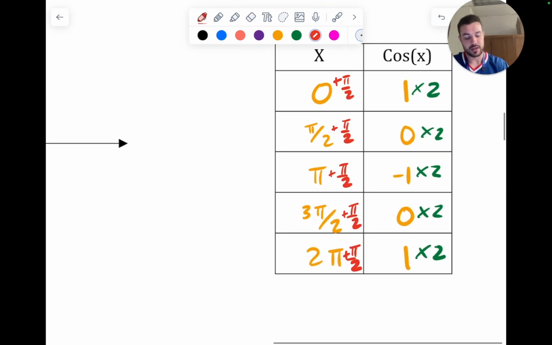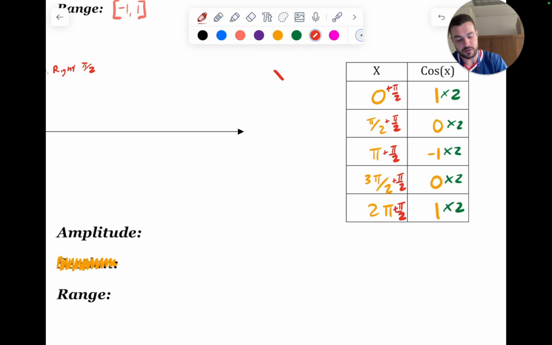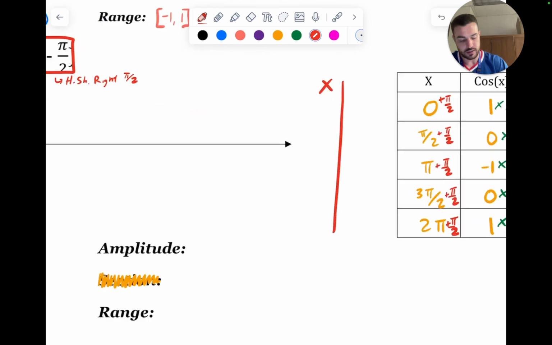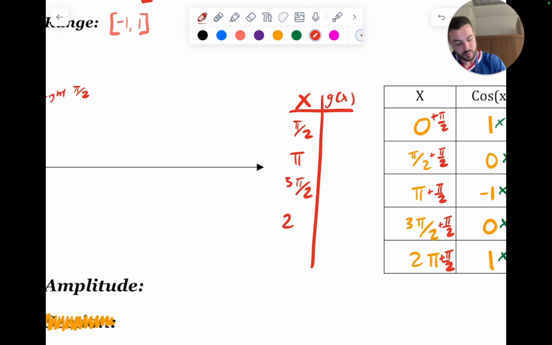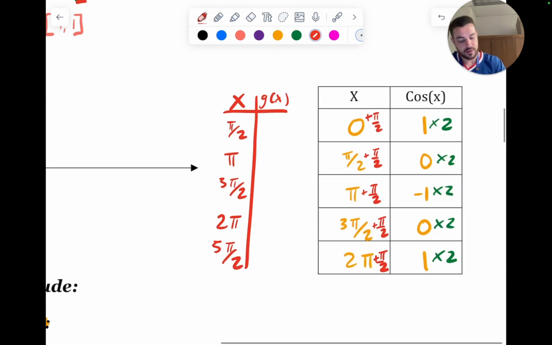All right, and so our new table, which I'll show over here on the side, is going to be, let's just name this one g of x for now. We've got pi over 2, then pi, 3 pi over 2, 2 pi, and 5 pi over 2. And then we'll have 2, 0, negative 2, 0, 2.